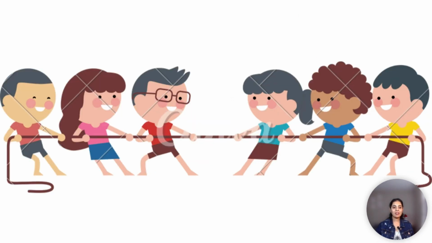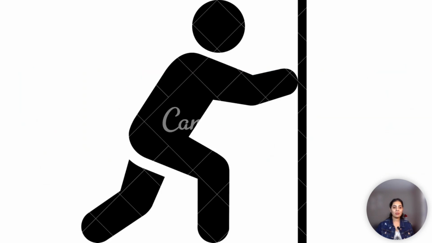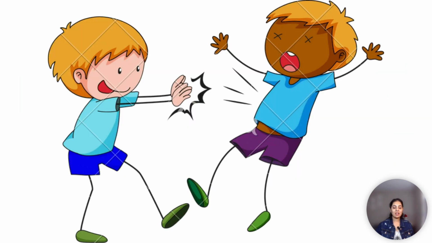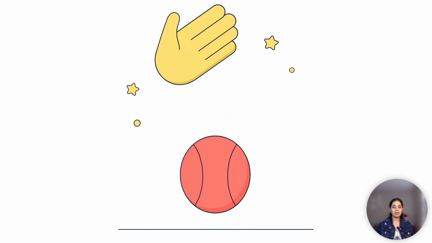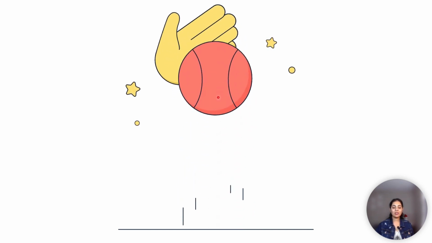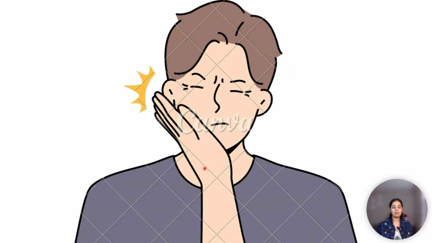Now we will see some examples of force. Pushing the door is an example. Pushing another person is an example of force. This is also an example. Here the direction of the ball is changed because of the force.